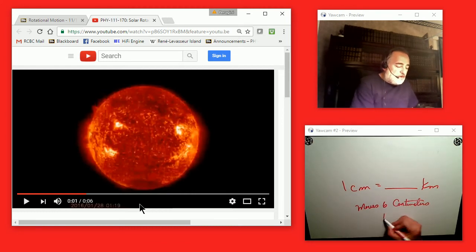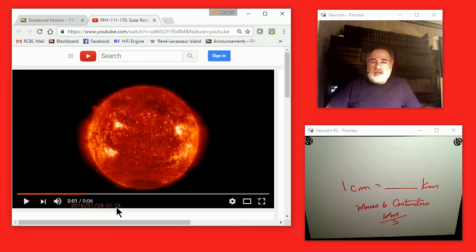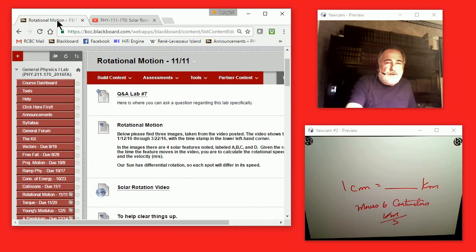So once you know the kilometers, then you check at how much time has passed using the timestamp at the bottom here, and you get kilometers per second. So that's how you measure kilometers per second for a given spot.